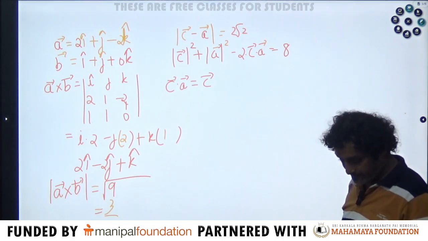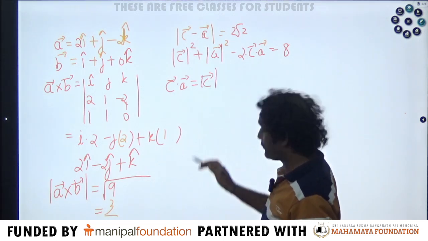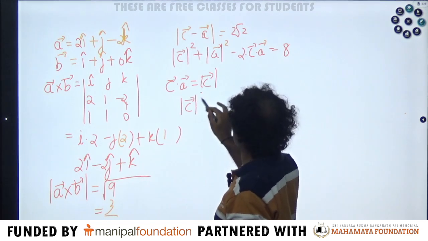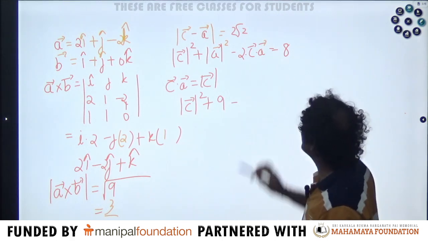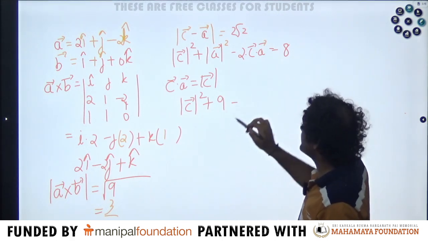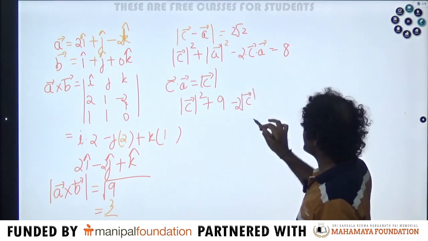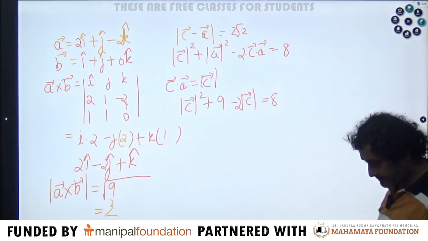Magnitude c square, magnitude a is 3 so squaring gives 9, and c dot a is magnitude c, so 2 times c, equal to 8.